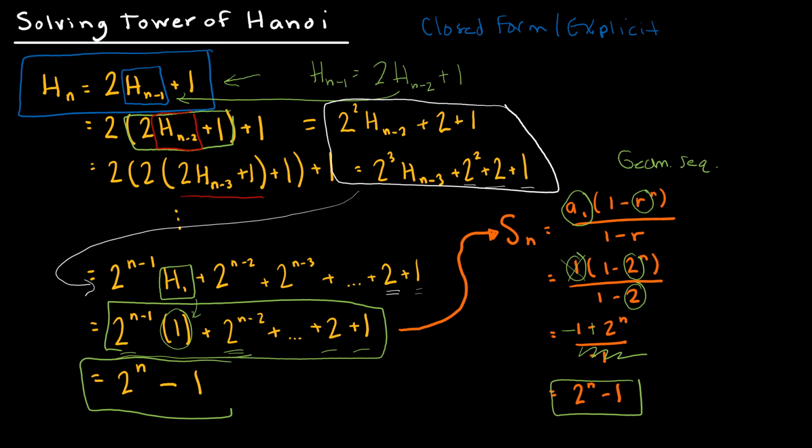So this is actually my closed form expression for solving the Tower of Hanoi. So if I wanted to know how many moves does it take to move 5 disks, I would take 2 to the 5th and subtract 1. So 2 to the 5th is 32, minus 1 would be 31 total moves.